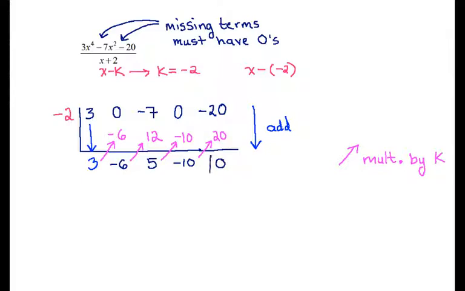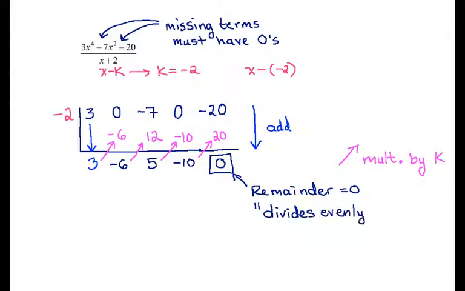So it looks like I got a remainder of 0 in this case. And if I get a remainder of 0, I can also say that this divides evenly. Another thing that tells me is that x plus 2 must be a factor of that dividend polynomial.